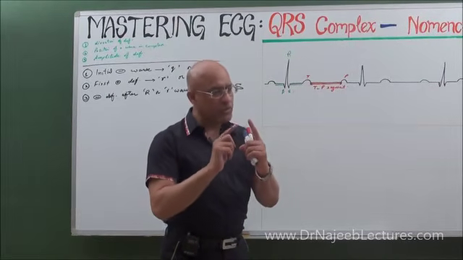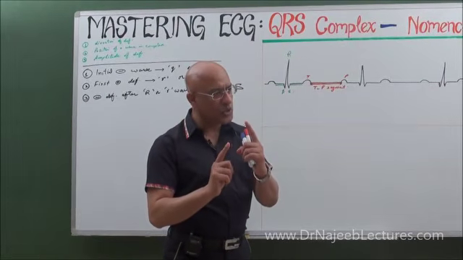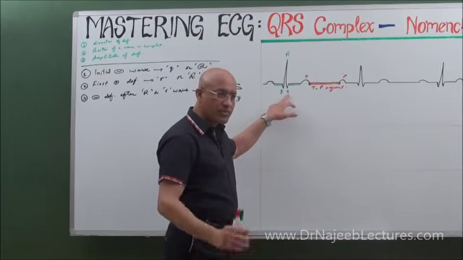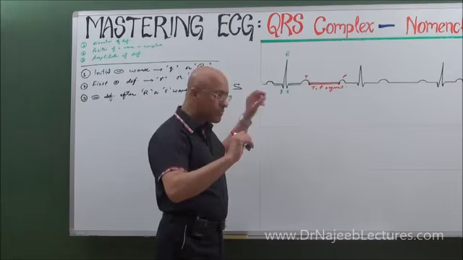Any negative deflection before the R wave is Q, and any negative deflection after the R wave is S wave. Is it clear? Yes, sir.